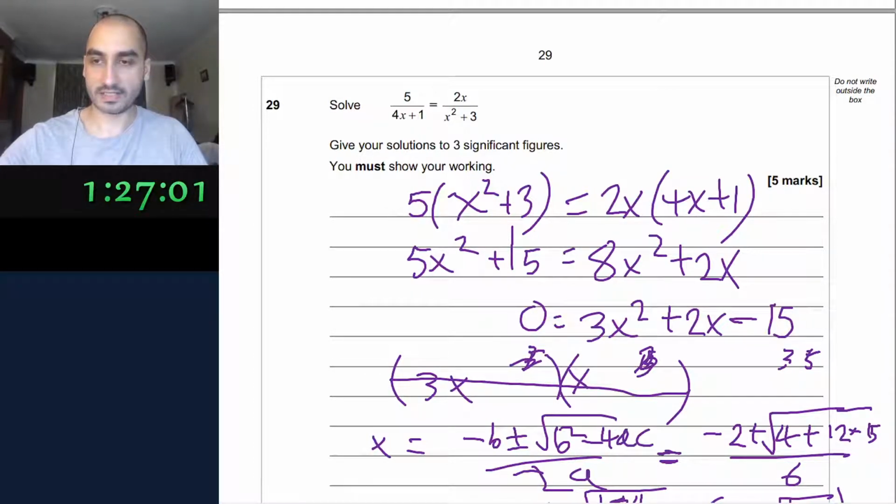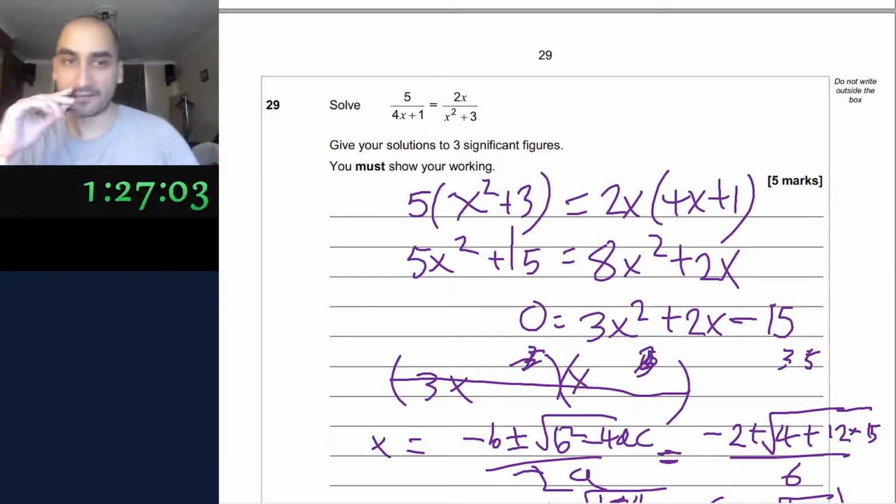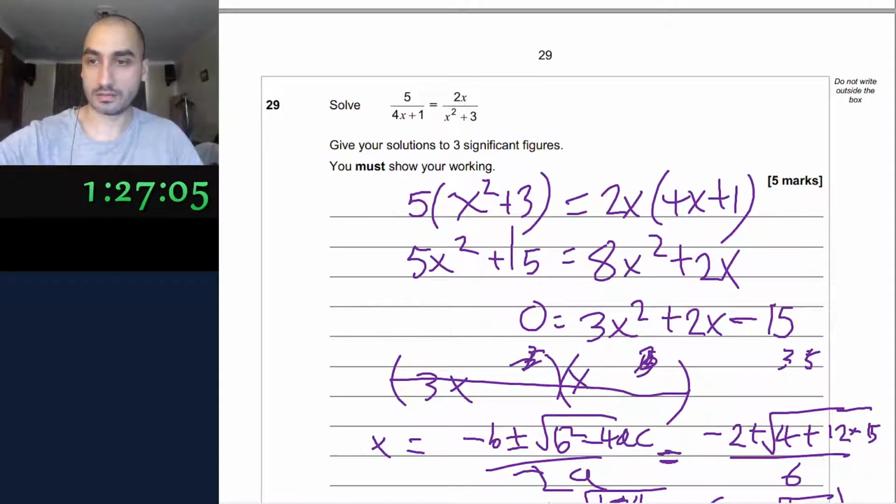So on the left hand side we got 16.4, and on the right side 2 times 3.85 divided by 3.85 squared plus 3.